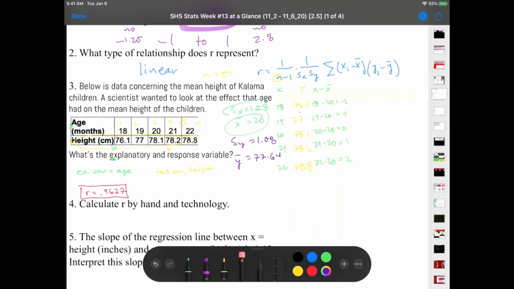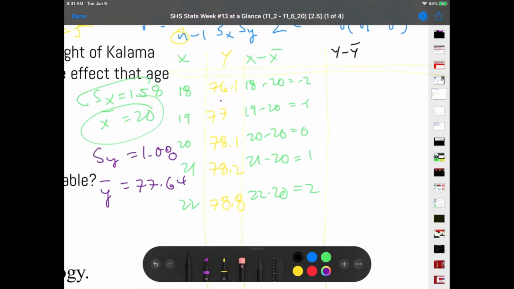Guess we didn't need this one. And now let's use a darker color. Y values minus y hat. So that would be 76.1 minus 77.64.